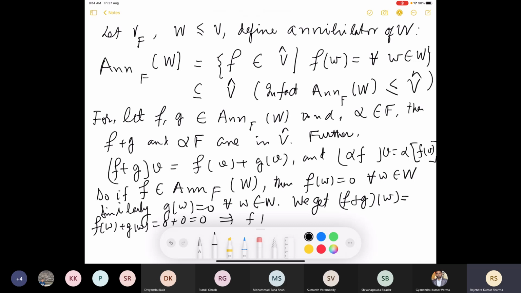And that makes F plus G in the annihilator.